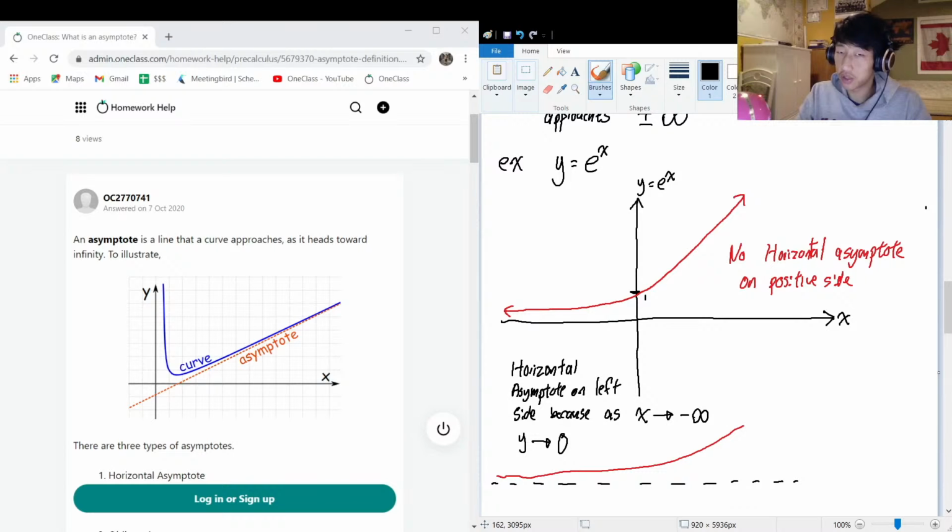And you can see this by subbing in a very, very deeply negative number for x, like e to the power of negative 1,000. You'll see that it's pretty much 0.